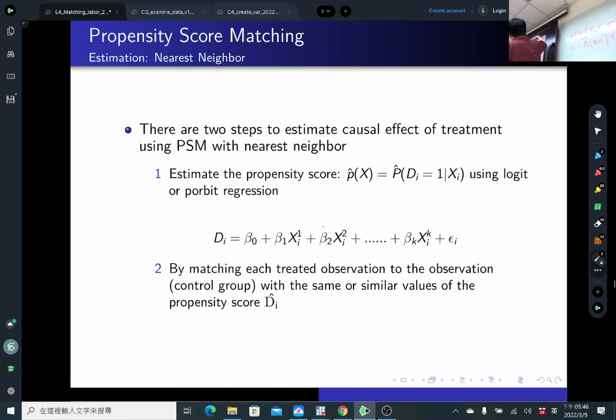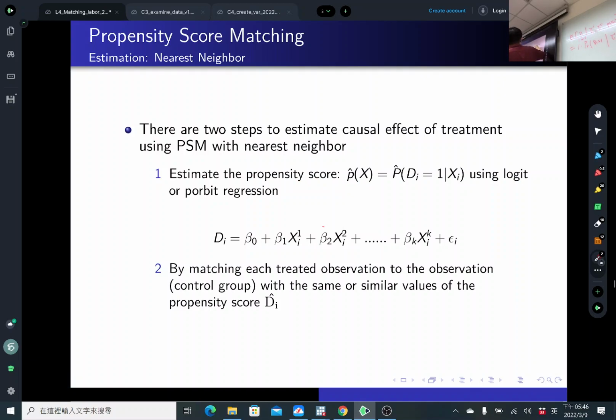So how can we do that in practice? There are two steps to estimate the causal effect of treatment using propensity score matching. The first step is to estimate the propensity score. So what is the propensity score?